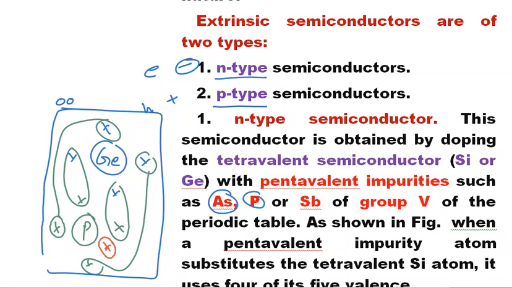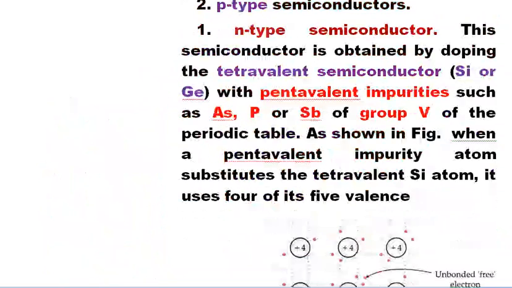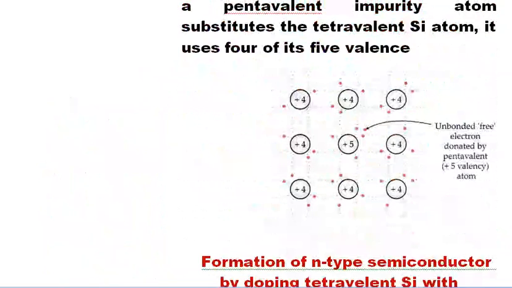It is again a very important aspect: there is no net charge on an n-type extrinsic semiconductor. Dear students, the same figure is redrawn here. One electron is unbonded, termed a free electron, which is free to carry charge. Hence the conductivity of an n-type extrinsic semiconductor increases.